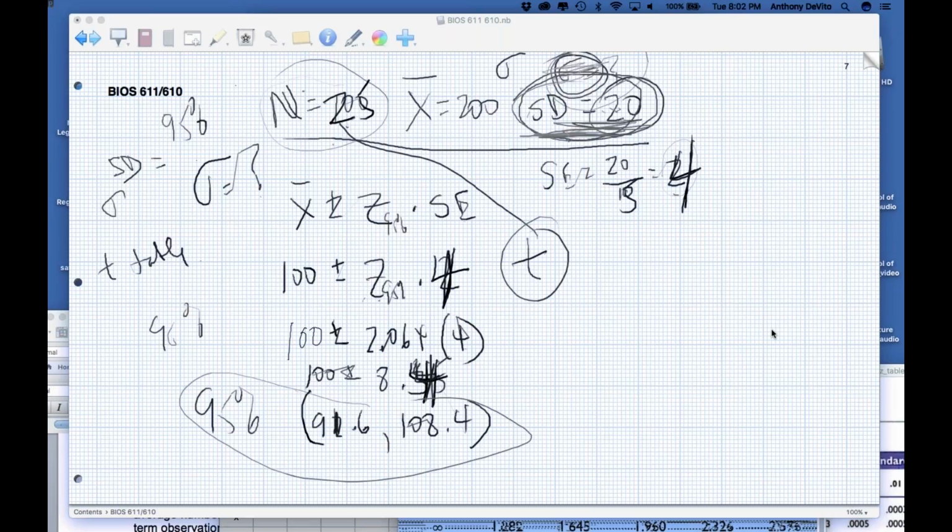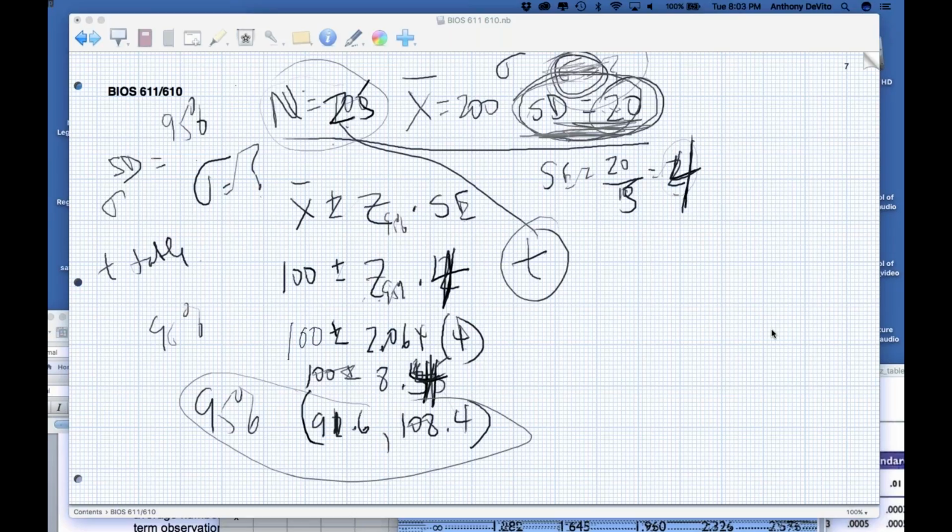More recently, real statisticians would probably say, always use the t-table. Or if you're a little bit tolerant, you might say a big enough sample size to not use the t-table might be larger than 100 or something like that.